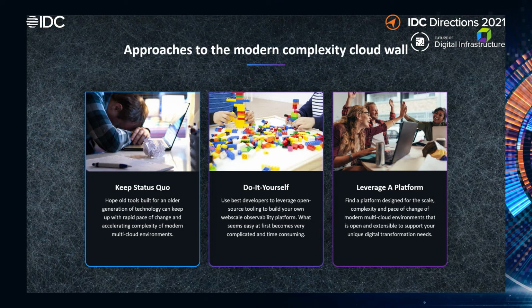There's open source solutions out there, maybe some of them that you already have on premise. And you put together such a platform by putting all those things together. Or the third option is to leverage an observability platform that you purchase out on the market from a vendor that specializes in that. Now, I think we can all agree that the first option is not really an option. So let's dive deeper into do-it-yourself and leveraging a platform.